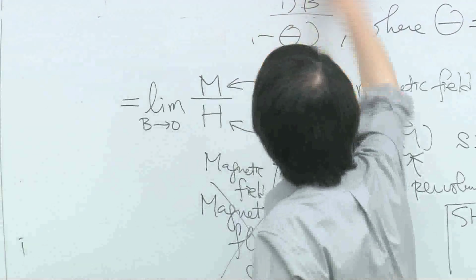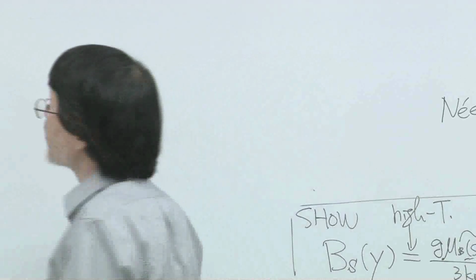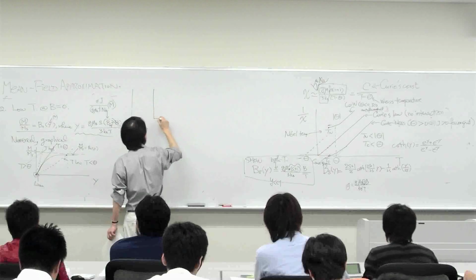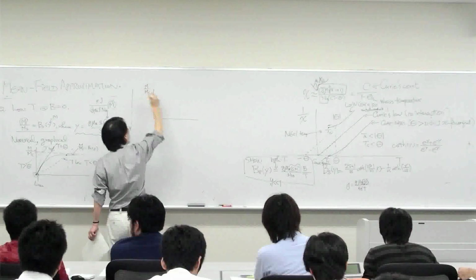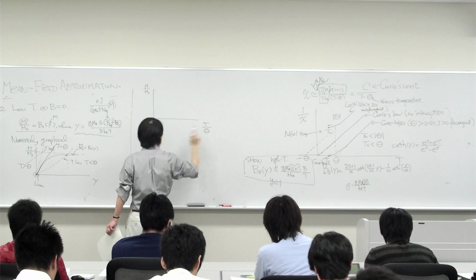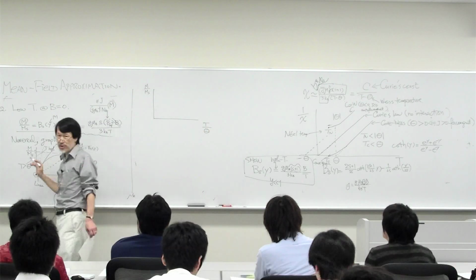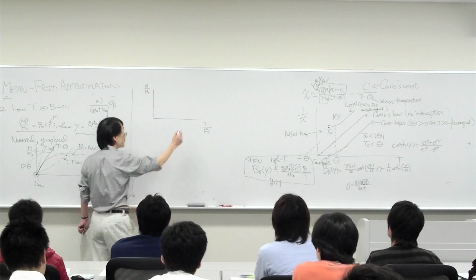You can do only so much with the graphical method. Then the rest you have to do numerically. And if you did so, since theta is a special temperature, it's useful to divide the temperature by theta.